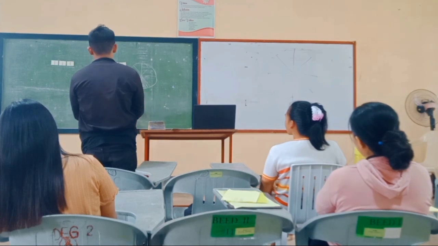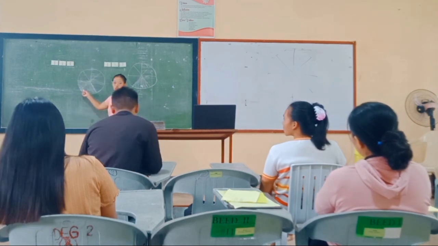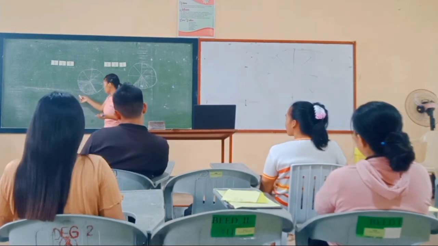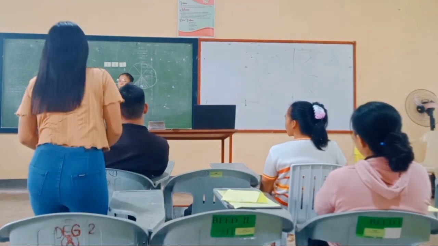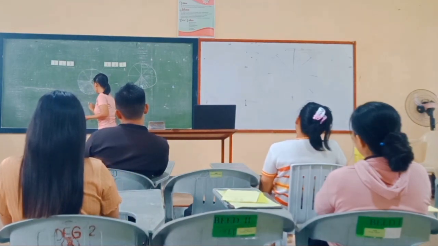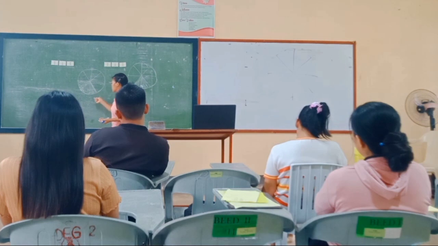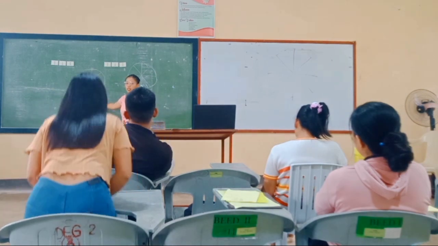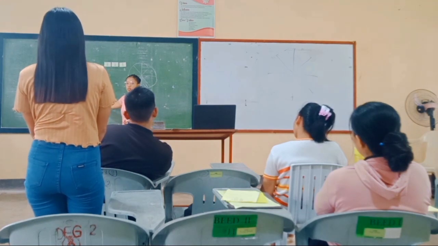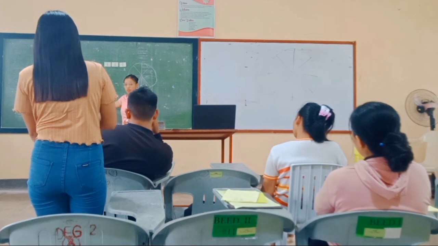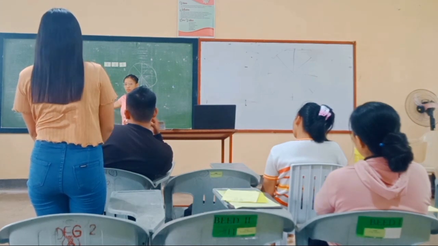How about this? Who can answer? Okay, Jamaica. The answer is 3/8. How can you say then that the fraction of this is 3/8? Because three pieces of pizza were already eaten, and the rest is 5 left.